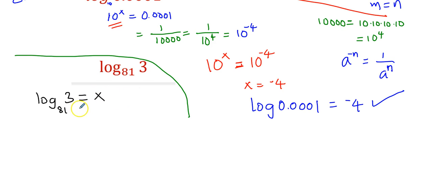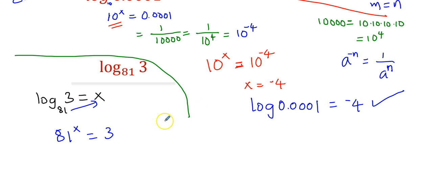Then 81 to the power of x is equal to 3. The bases are different, but we know that 81 can be transformed with a base 3.